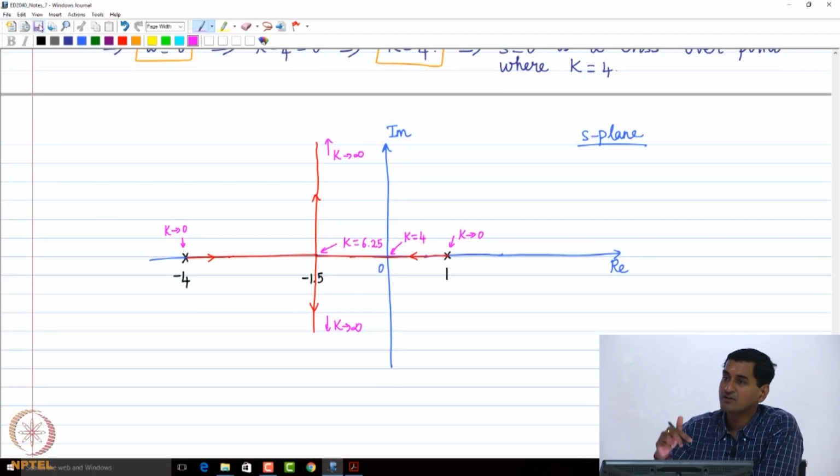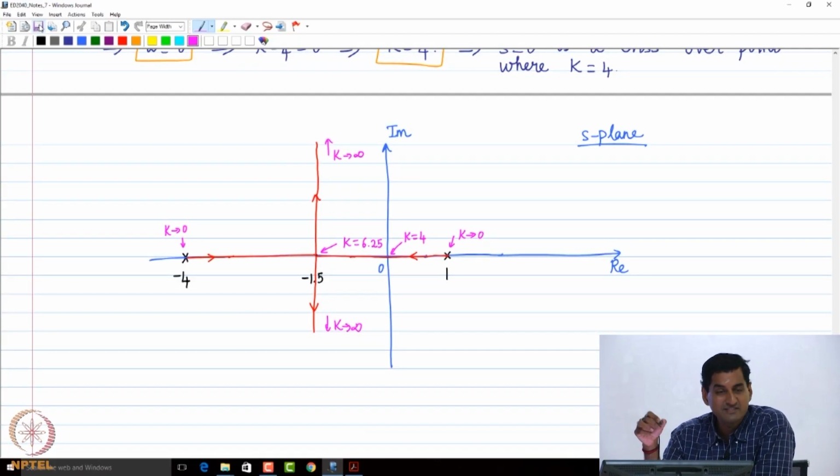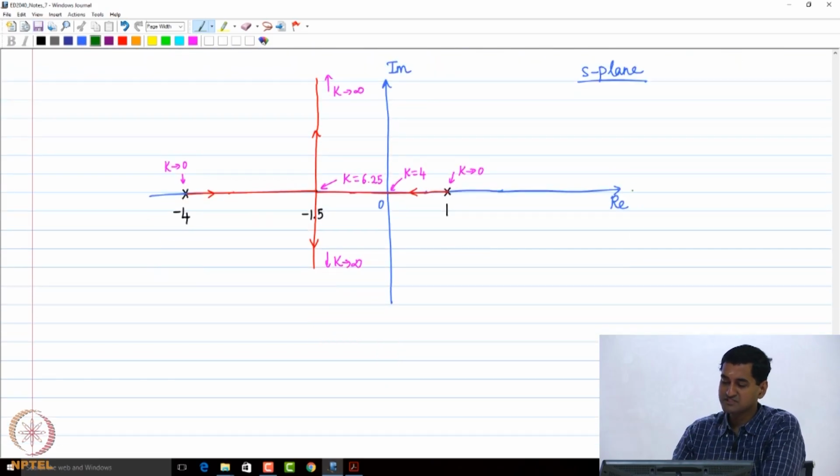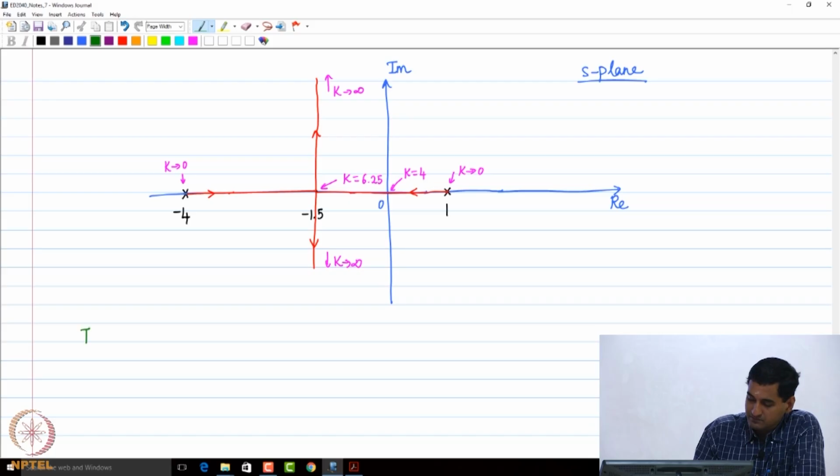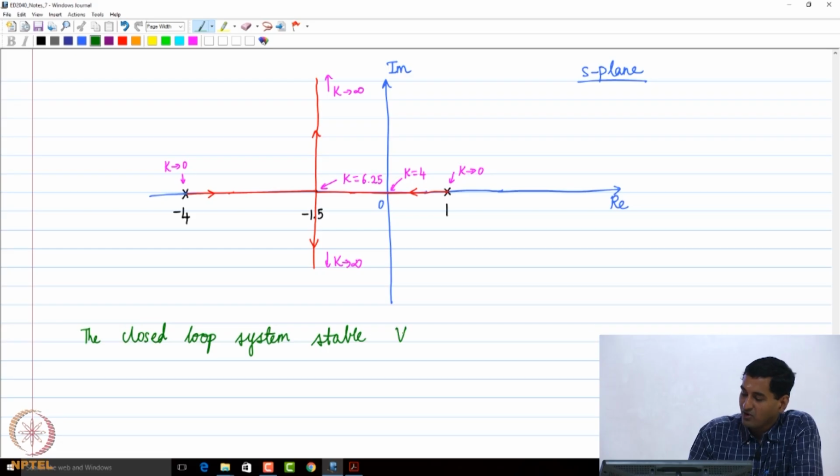Have we used all the steps? Yes. We have marked all the critical aspects of the root locus, and immediately we can see from the root locus that the closed loop system is stable for all k.